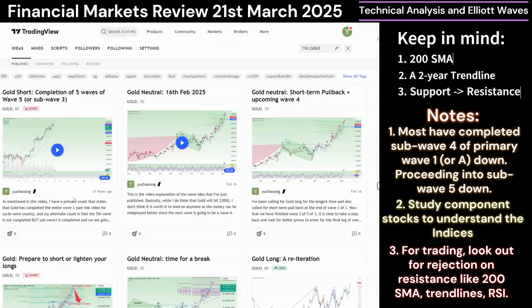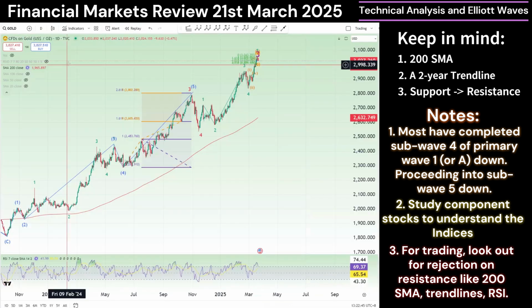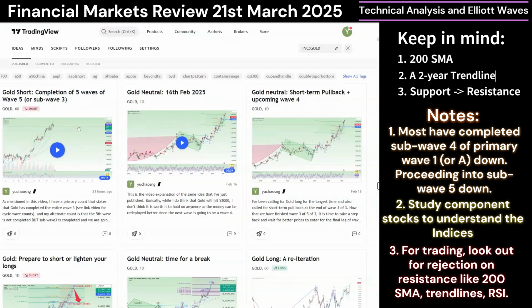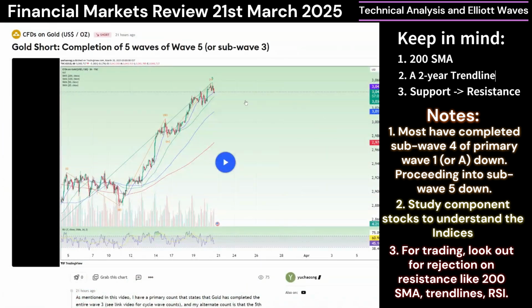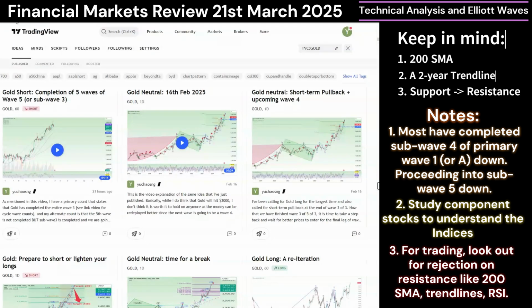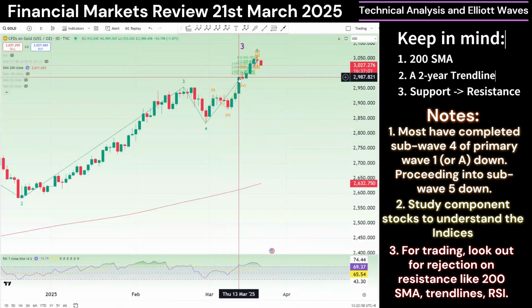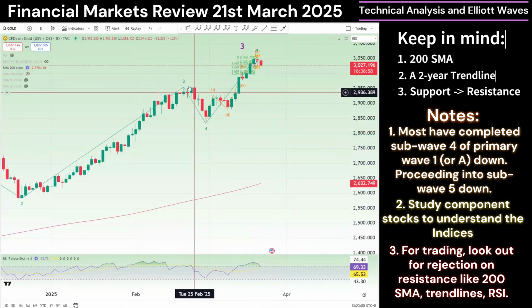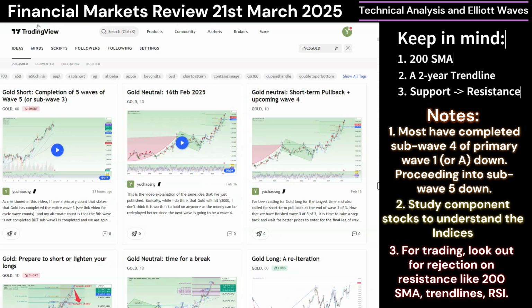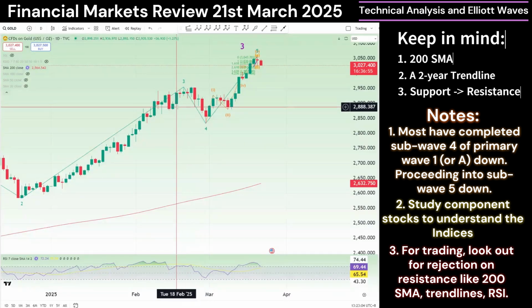And just yesterday, I mentioned that the short opportunity has come, right? That was when gold was 3,043, right? So I think previously I was here on 16th of Feb.